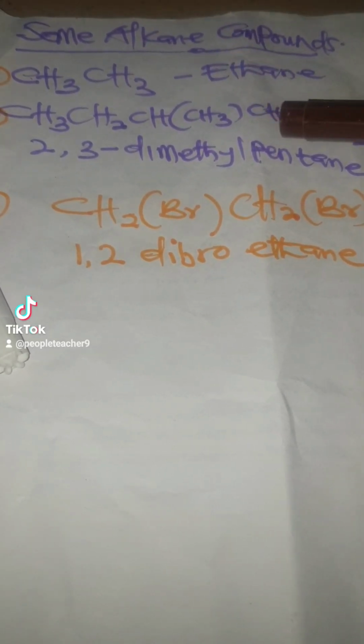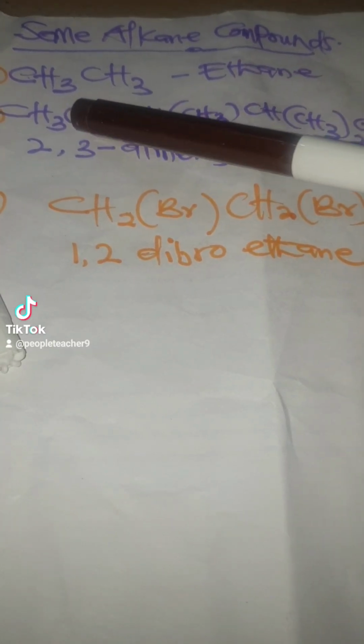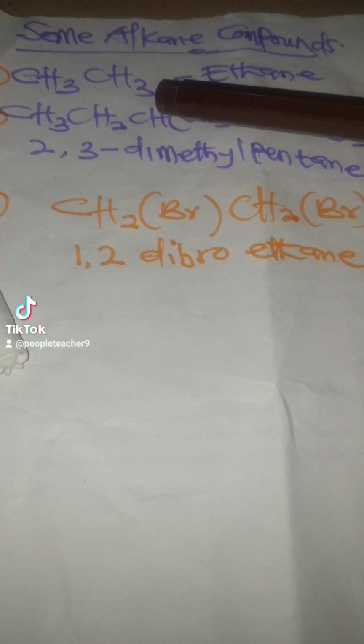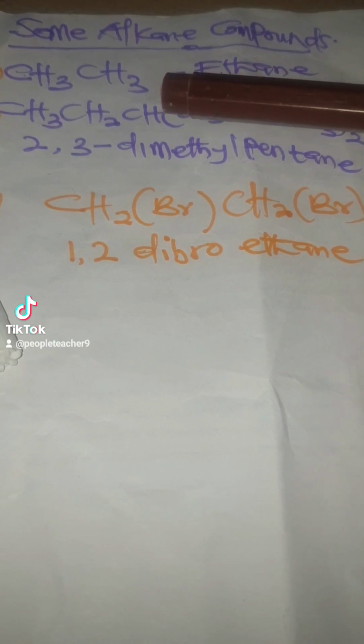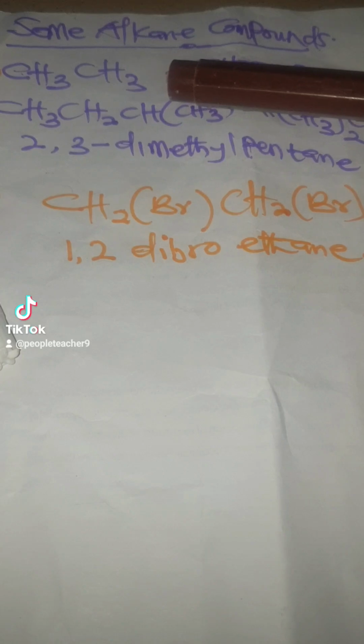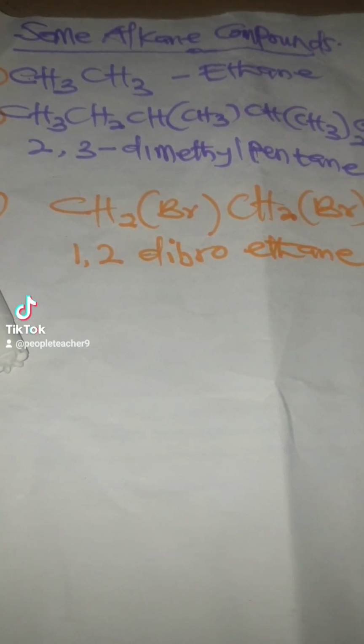This is 3 plus 3, making it what? 6. So this compound is called ethane. In an alkane compound, if the carbon atoms in the compound is 2, then it is called ethane.